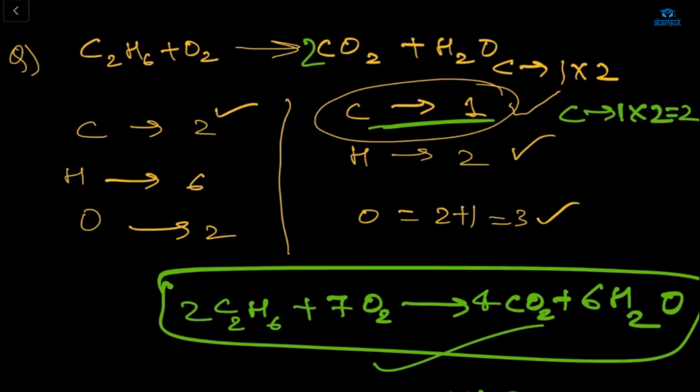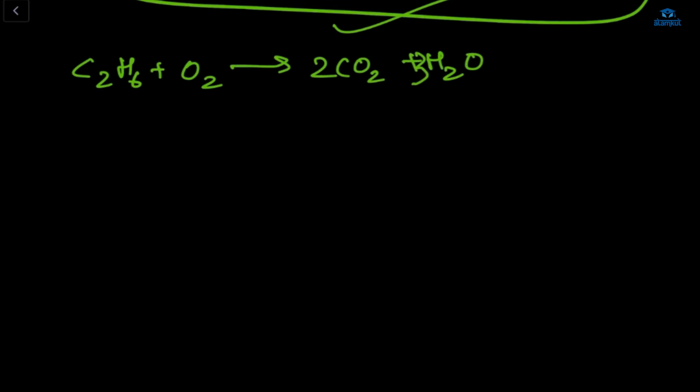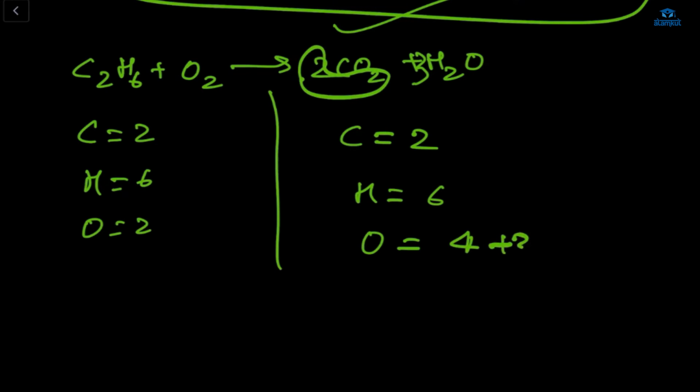And in the next step, if we multiply this with 2 into 3, it will be 6 H. So it will be 2C2H6 plus O2, and here C is 2, H is 6, and oxygen is 2 times 4 plus 3, which is 7.